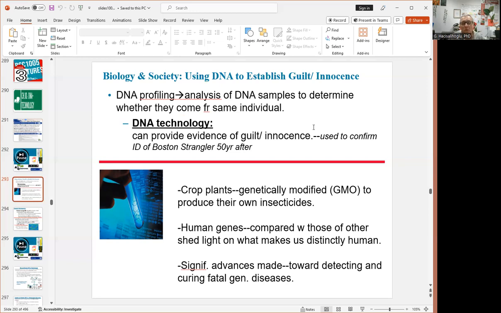It's used in crop plants in biology. You hear about GMO plants. You go grocery shopping, you see GMO tomatoes or GMO corn, so they actually use DNA technology. Human genes are also compared to other genes to see how distinct they are, along with some other significant advances.